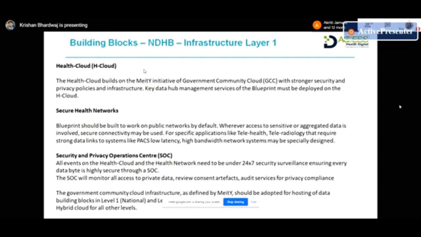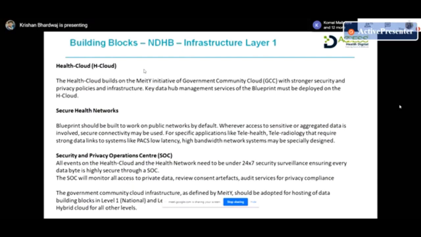Now, this is a very ambitious project, but their thought process is that each and every data packet that is exchanged should be under the security scanner. If there is any breach of security, for example somebody tried to tamper with the data packets, accessed the data without authorization, or consent was not provided, even those kinds of breaches should be recorded electronically.